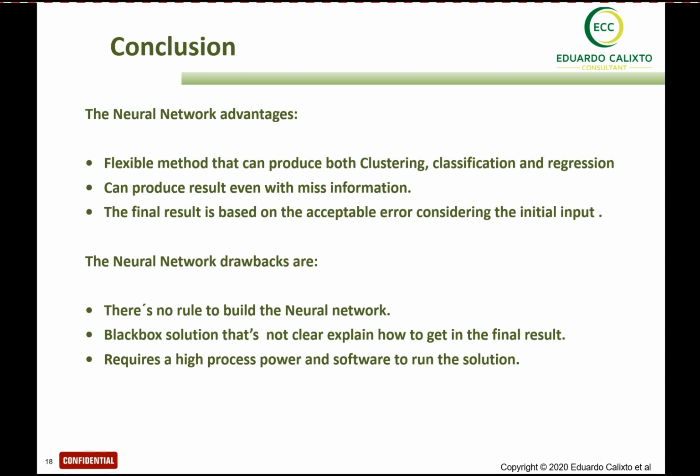It is a black box solution that does not clearly explain how it gets to the final result. Of course, we saw the feed forward step, how it works, and the back propagation step. But when we apply the software, we do not see these results. That is why it is called a black box, and it requires high processing power and software to run the solution.